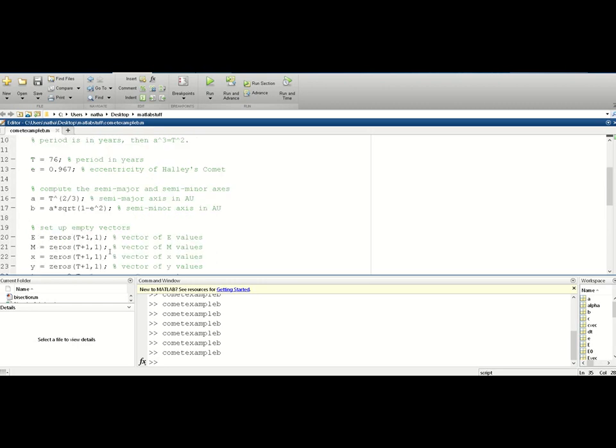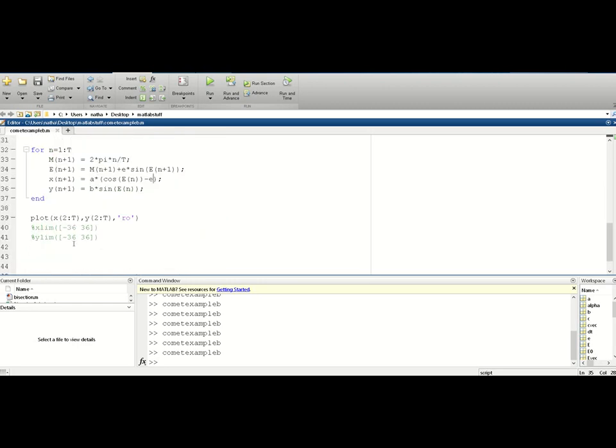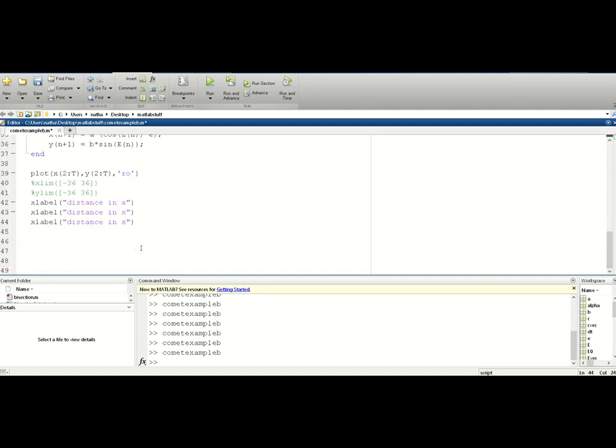and so this is pretty cool. This is going to be our model, and what I want you to do is go adopt one, and you can put an X label and a Y label, right? Distance in X, okay, and then you can do the same thing for Y, right? You can put a title on it, okay.